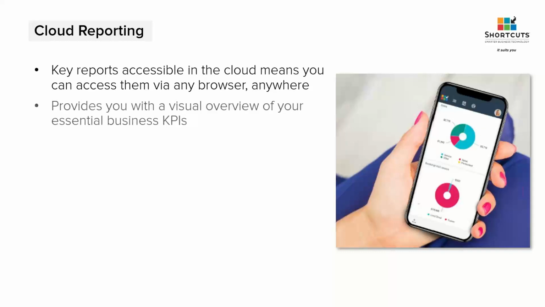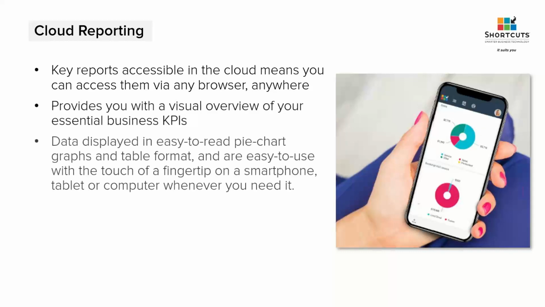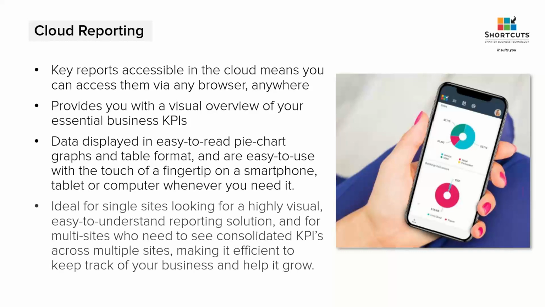So with access to the cloud, not only do you have the ability to use the appointment book, you also have cloud-based reports. Now, in the Shortcuts point of sale, we have over 120 different reports that you can run. Some of these reports, you're only going to need quarterly or annually.